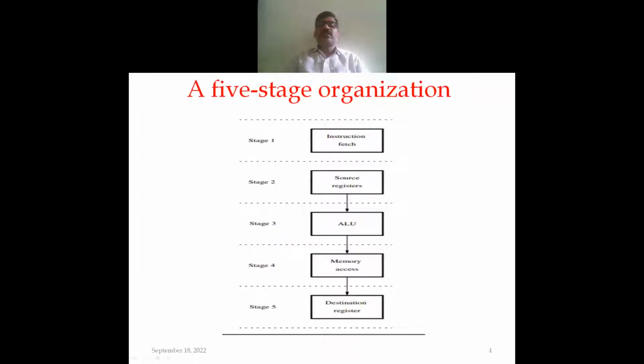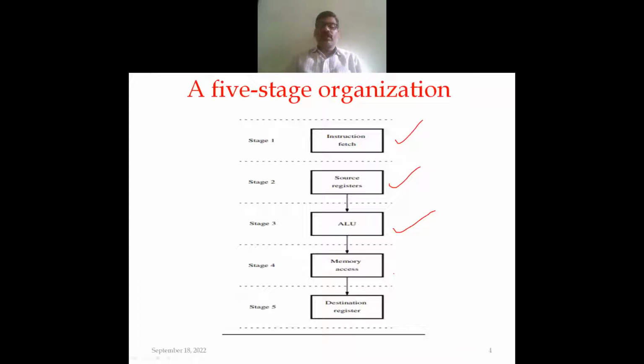So this is a five-stage organization of the hardware we are using. The first stage is the instruction fetch stage, and the second stage is source registers. The third stage is the arithmetic logic unit, which is used for performing all the arithmetic and logic operations.